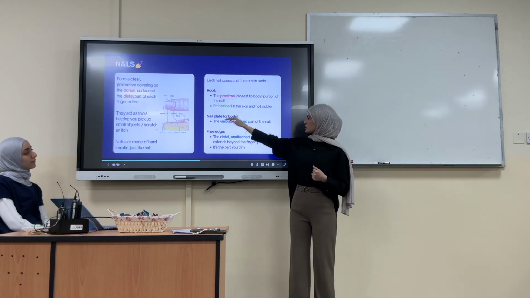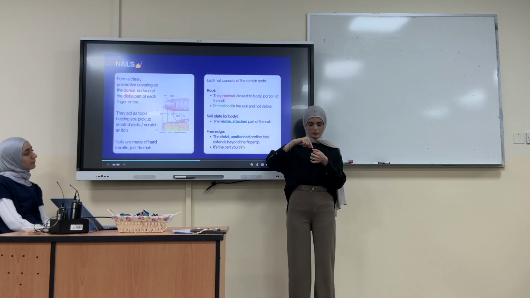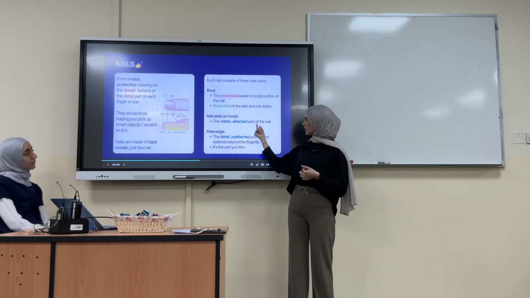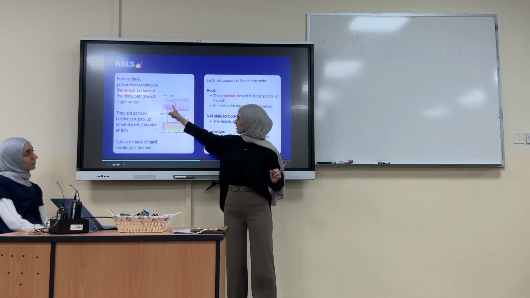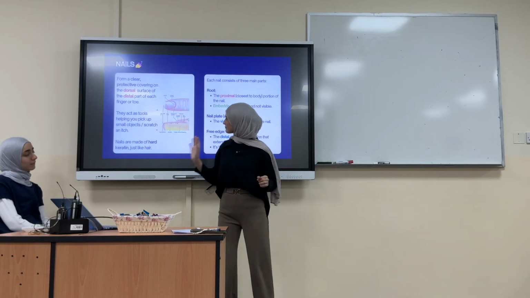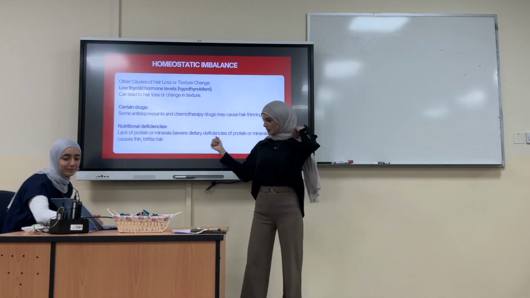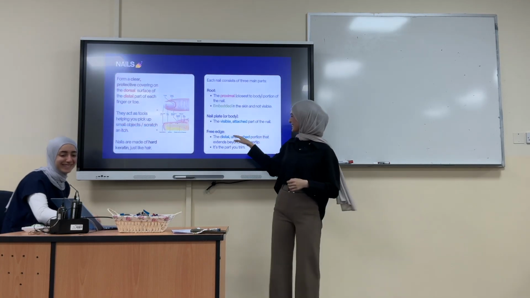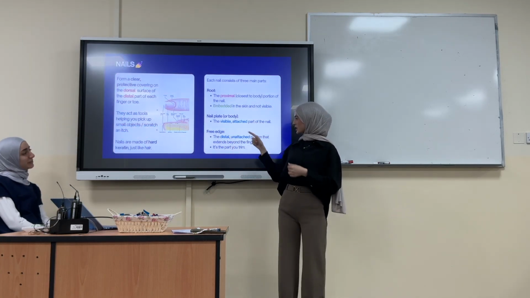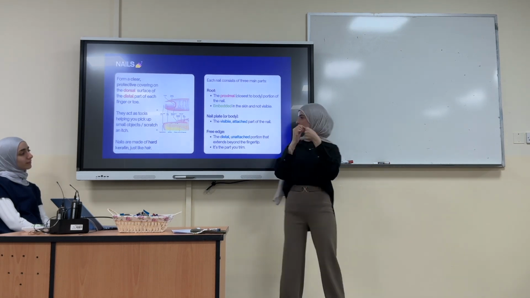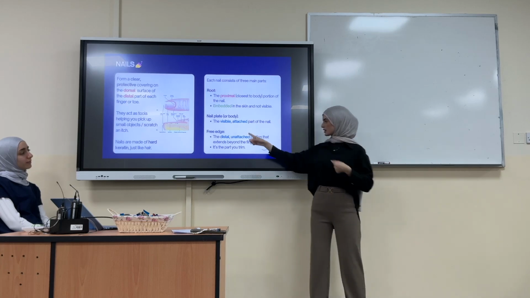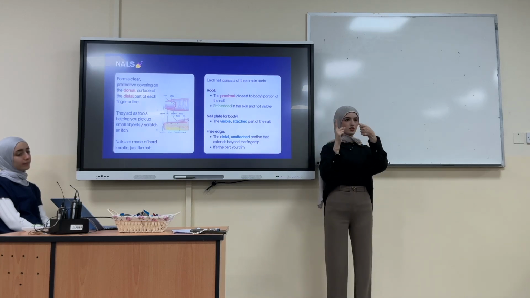The second part, the nail plate, is the visible attached part of the nail. This is your nail plate. The free edge is the distal unattached portion. This is the part that you usually trim when you cut your nails. It's the distal unattached portion that extends beyond the fingertips.